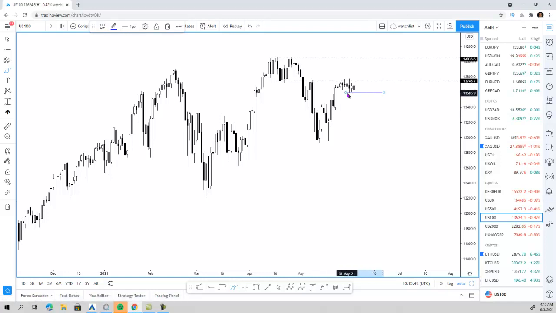Again, if price breaks these lows around the 13,597, again, we are looking at a CFD chart. If you trade futures, you might look at the NQ chart, and the prices might differ from broker to broker when it comes to CFDs. But just look at the highs and the lows that I'm pointing out.